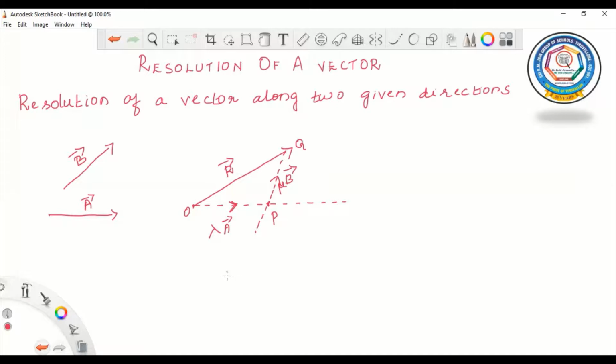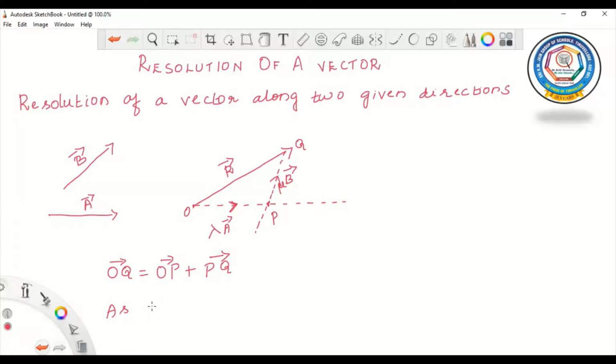So from triangle law of vector addition, we can write that OQ vector is equal to OP vector plus PQ vector.